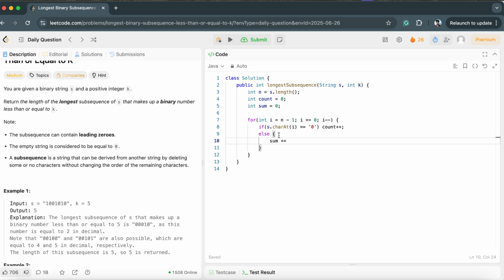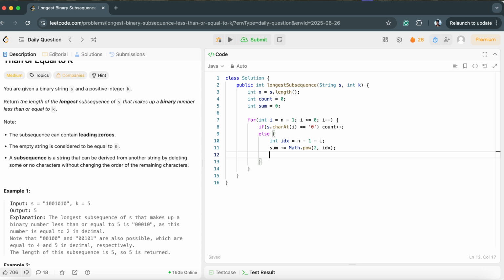How do we derive the index? int idx equals n minus 1 minus i, that is the index value we will get. So 2 to the power of this index is the value that we are going to get right over here. So we use Math.pow, which gives us the power value, 2 comma idx.